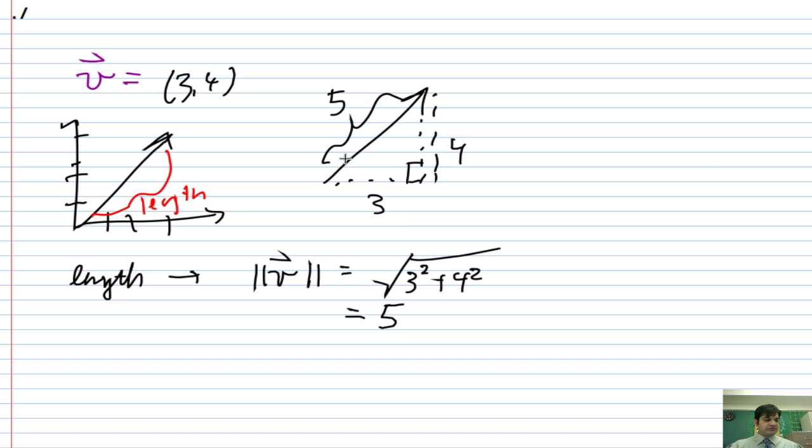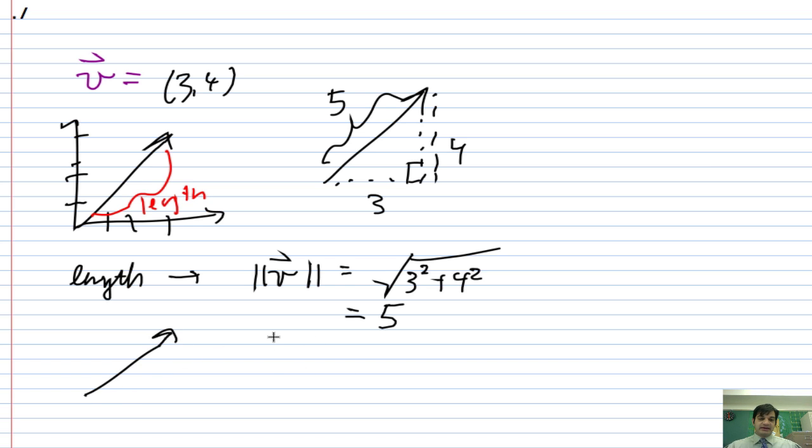A couple of other math tricks. How to convert a vector from Cartesian form to polar form. This is interesting. This is for those of you that have had a little bit of trig, and we're going to do just a small amount of this in class. So once again, I've got my vector, and we want to go from Cartesian form to polar form.